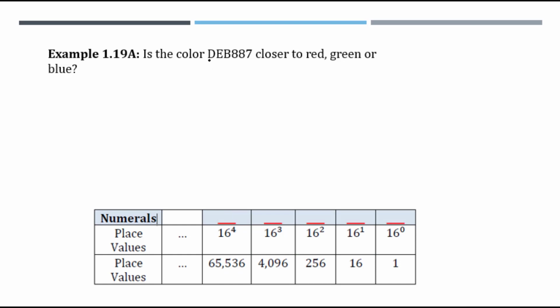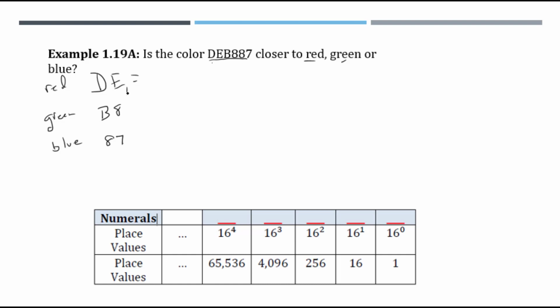So we're going to look at this color here, and we need to turn it into our numbers. This is 3 different colors. So DE is red, B8 is green, and 87 is blue. So which one is it closer to, red, green, or blue? We're going to see how much.